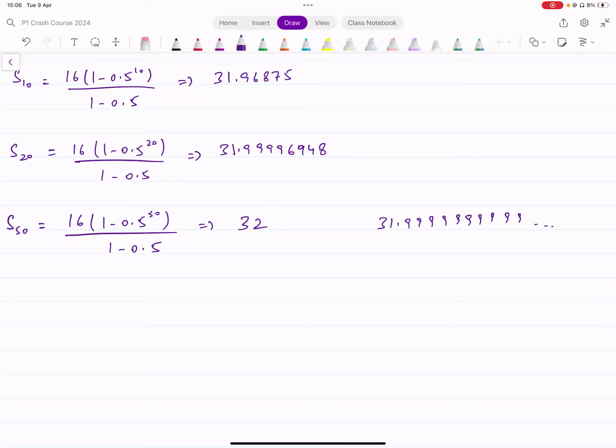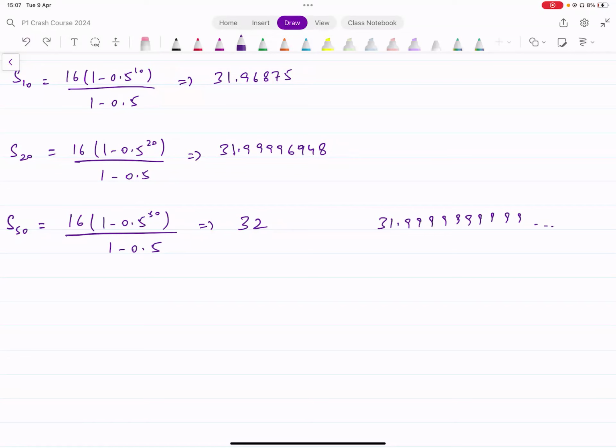Since the calculator has a certain level of accuracy, it can only show you 10, 11 decimal places, not more than that at max. Since it can't show the whole number, it rounds it off to 32.